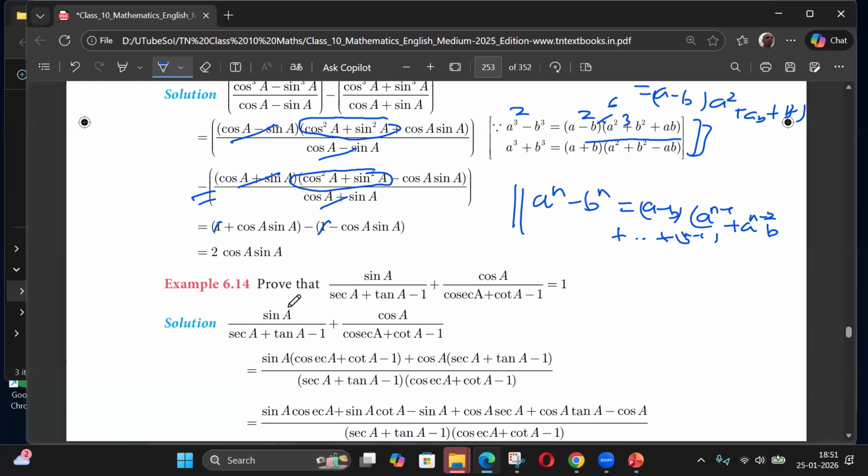First term is sine divided by 1 by sine plus 1 by cos. Second is 1 by cos. Tan is sine by cos minus 1. Just the first term. So this will be multiplied by cos. So sine cos by 1 plus sine minus cos.